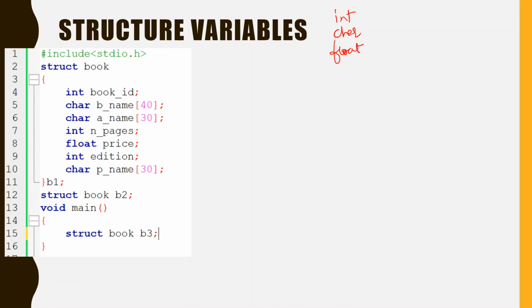Fine. So allocation of memory requires that a variable of this particular type be declared. Until we declare a variable of that particular data type, we don't get the memory allocated.